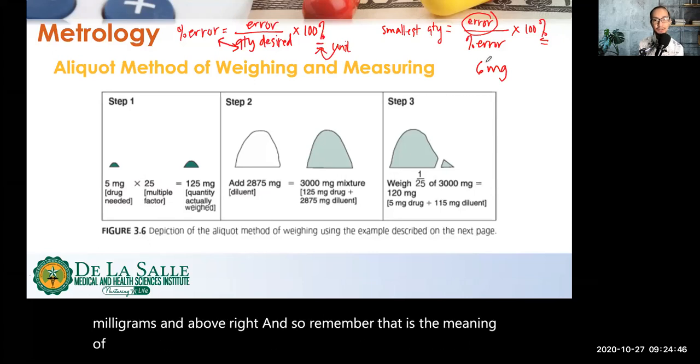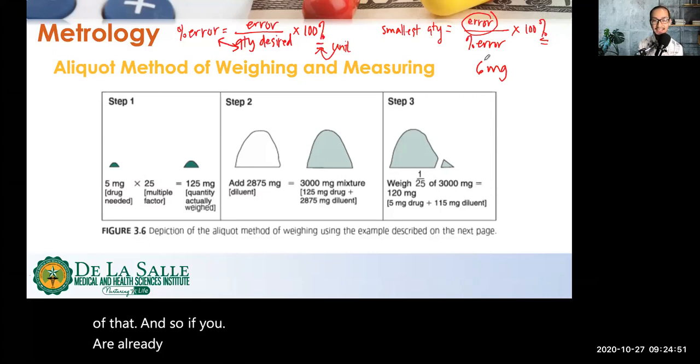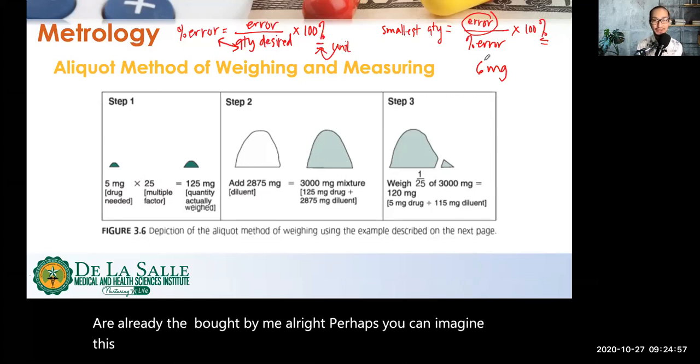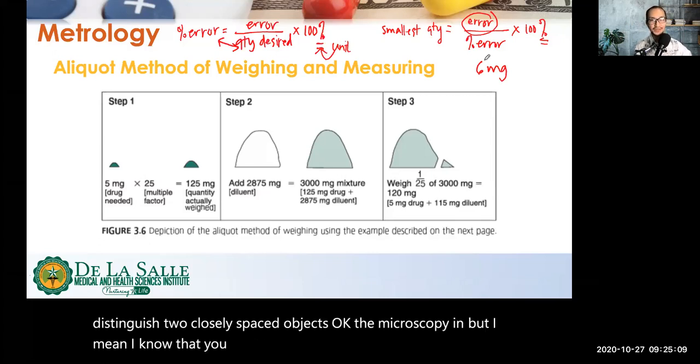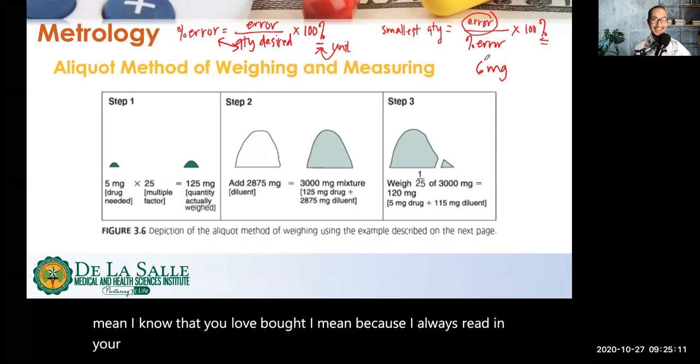If you are already tackling botany, perhaps you can imagine this as similar to your resolution. It's the ability for you to distinguish two closely spaced objects, right? In microscopy in botany. I know that you love botany because I always read in your Twitter feeds that there's this requirement again from botany, and that's the first thing that you have to do.